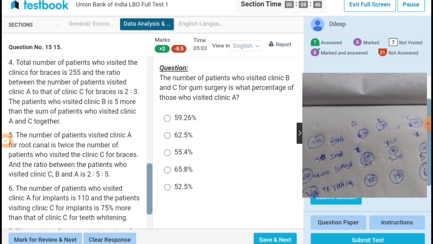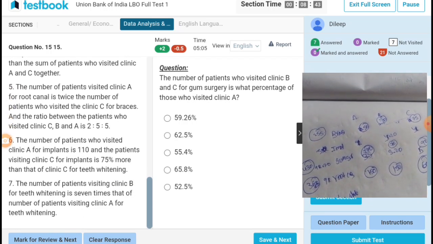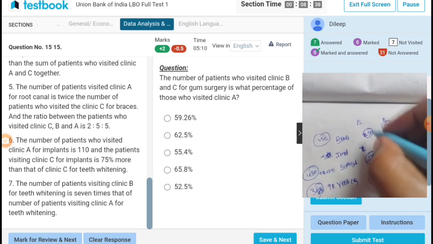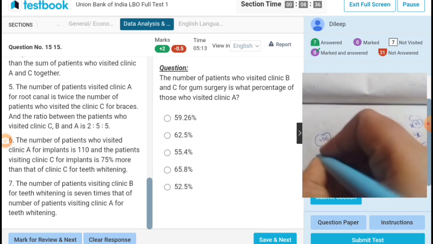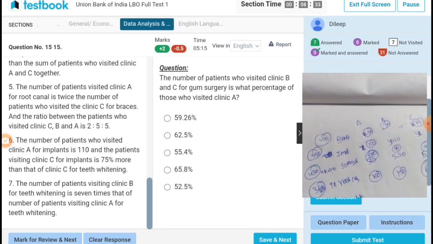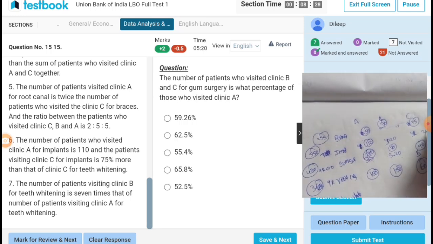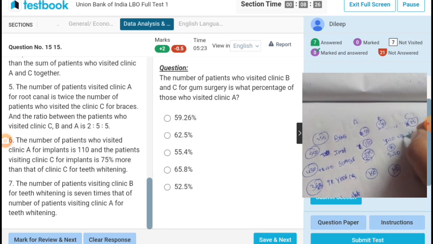Next, the number of patients who visited clinic A implants is 110. So 550. 210. 230.